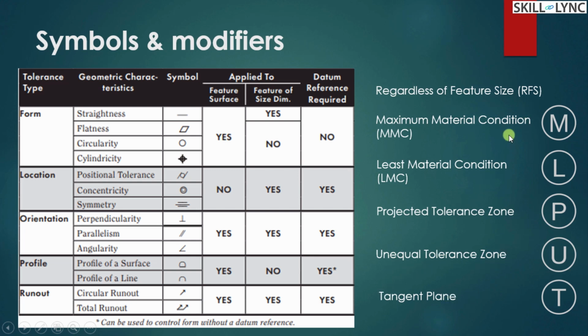These modifiers go along with the symbols to convey the end objective to the manufacturer as well as the inspector. So we have to be very careful about what to use, and if we are using one of these parameters, then the prerequisite as well as the essential conditions need to be satisfied, and only then can it be applied. So let us look into them one by one now.